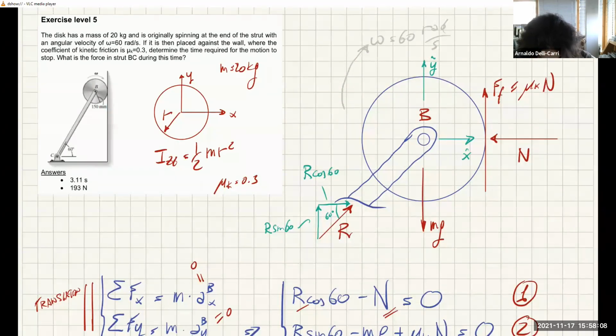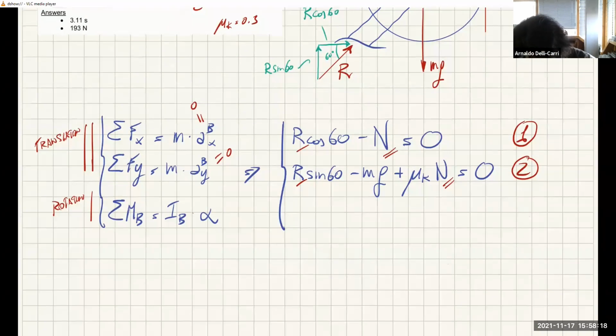The radius, do we have the radius? Yes, 150 millimeters. Let's call this small r, 150 millimeters. And so mu k N, it's positive, as I said. So mu k N is the force times the radius equal, that's the only force that gives moment.